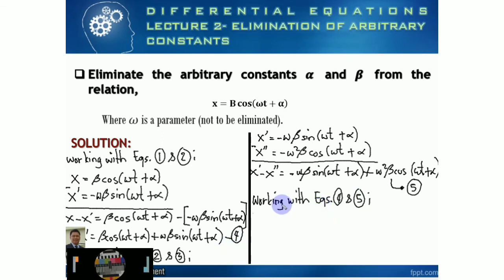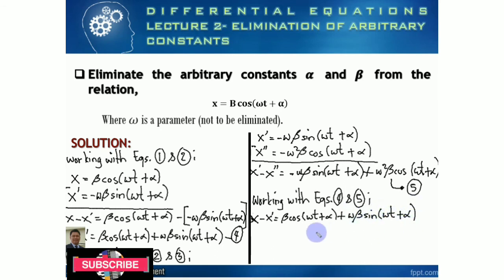From here we have x minus x prime equal to beta cosine of omega t plus alpha plus omega beta sine of the quantity omega t plus alpha, which is our equation 4, and our equation 5 is x prime minus x double prime, which is equal to negative omega beta sine of omega t plus alpha, plus this one, omega squared beta cosine of the quantity omega t plus alpha.